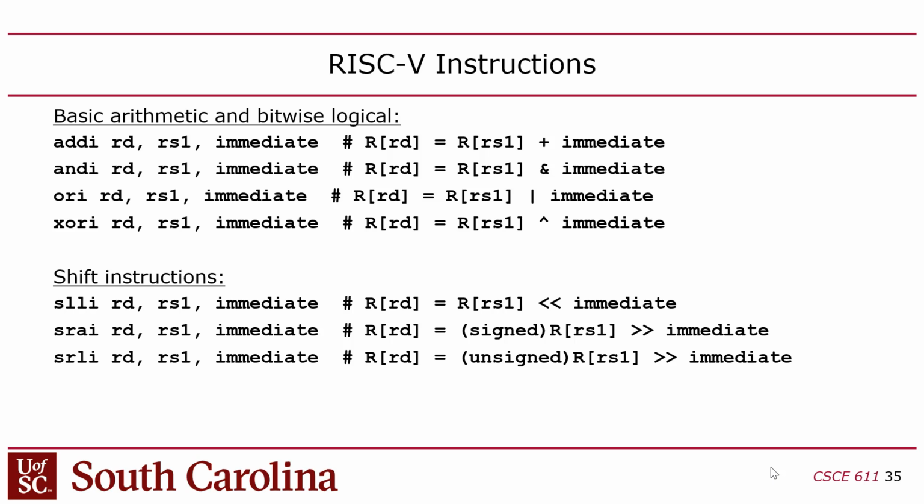And then if you wanted to use the shift amount in a register, it was a shift variable instruction. Whereas in RISC-V, they changed it to where if you want to shift by an immediate, it's SLLI. And if you want to shift by a variable, by a register, it's just shift left logical.